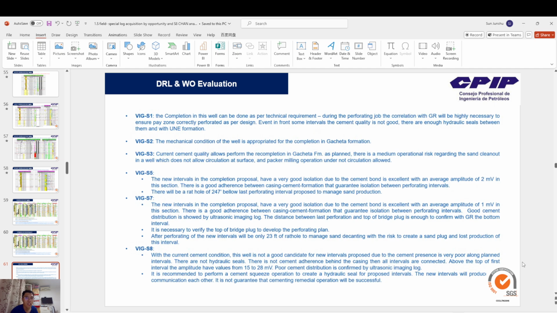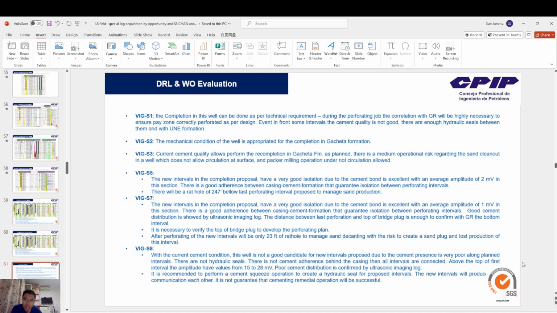Above the top of the first interval, the amplitude have values from 15 to 28 MV. Poor cement distribution is confirmed by our ultrasonic imaging log.